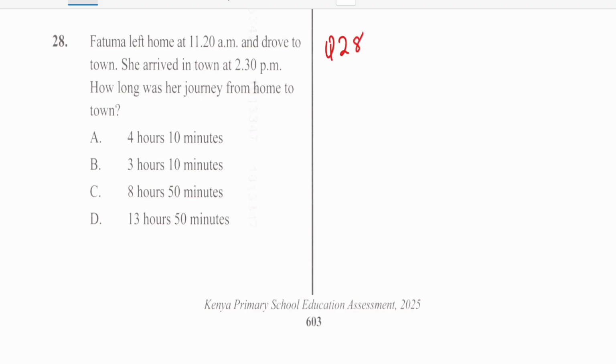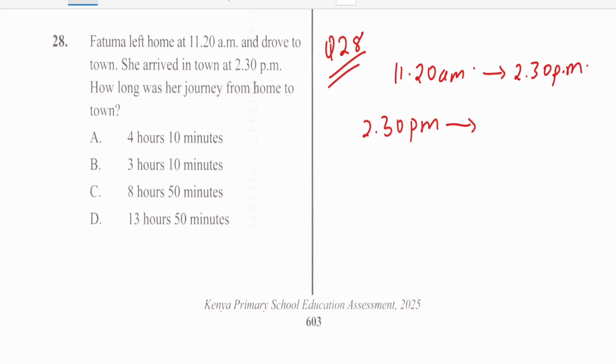Question 28. Fatuma left home at 11:20 a.m. and drove to town. She arrived in town at 2:30 p.m. How long was her journey from home to town? Now 2:30, if you write it in the 24-hour clock system, should be 14:30 hours.